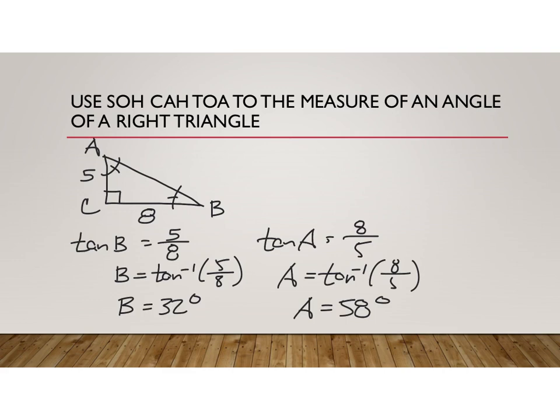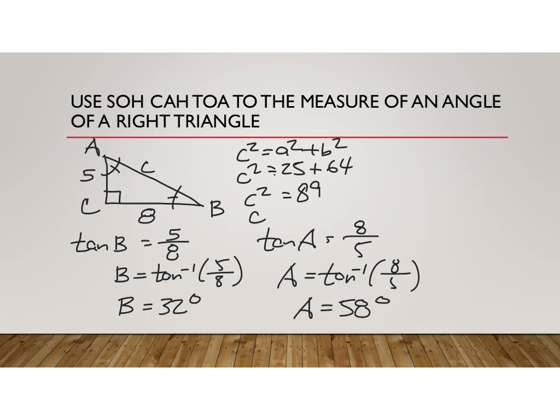Now you might ask, how do I find this hypotenuse? Well, I could use trig for that. I could also just use Pythagorean theorem. So c squared equals a squared plus b squared, c squared equals 25 plus 64, c squared would be 89.